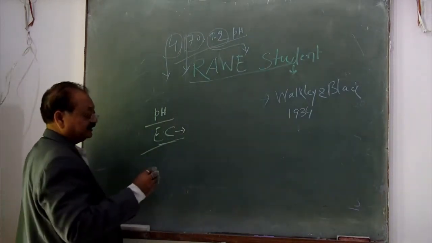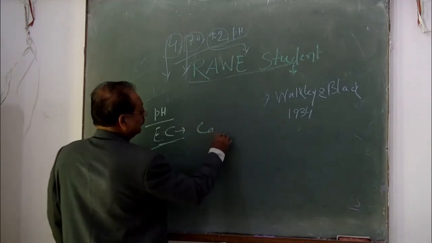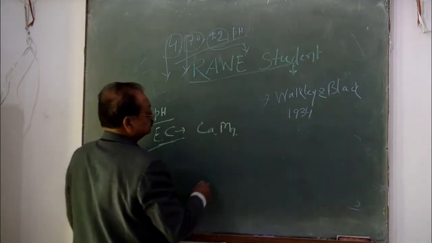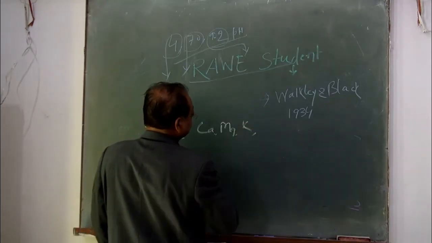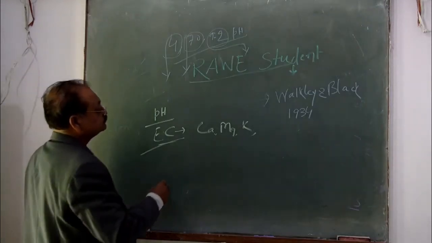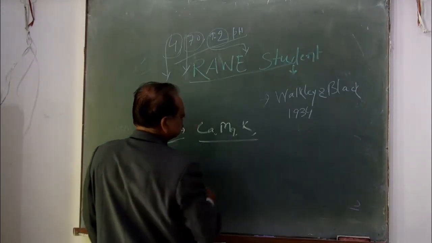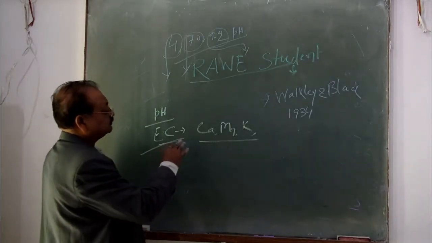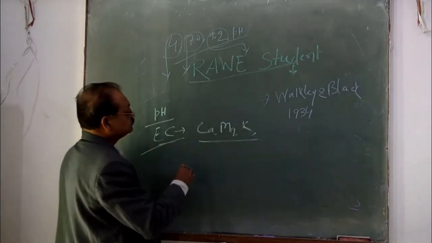Mainly the cations: calcium, magnesium, potassium. These are the most common cations found in the soil.